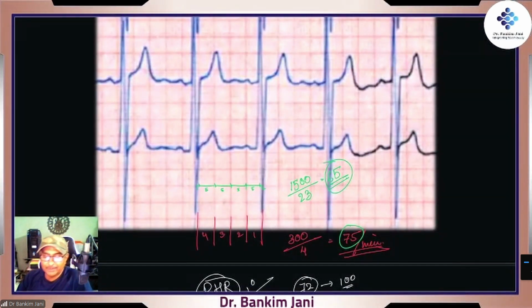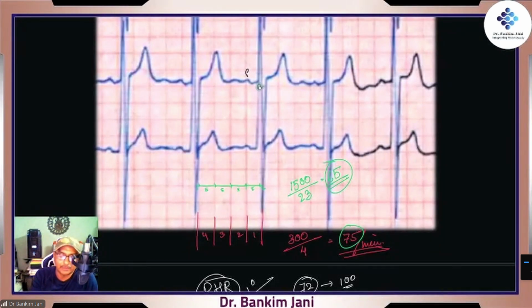In this one, it is seen clearly. So here, what is the PR interval? This is a T wave. Here, this is P and this is the beginning of the QRS complex.